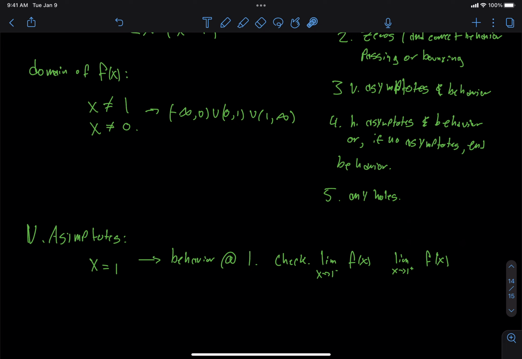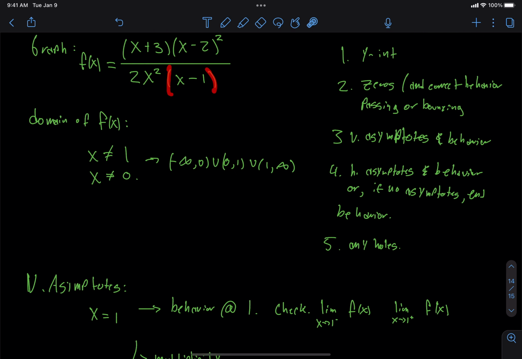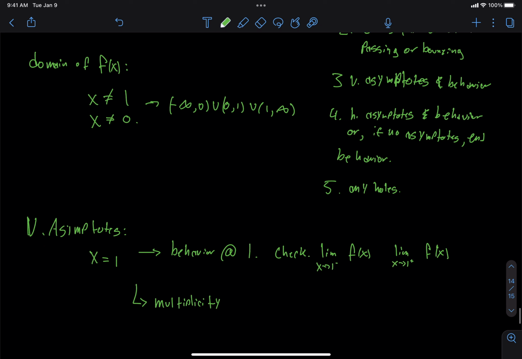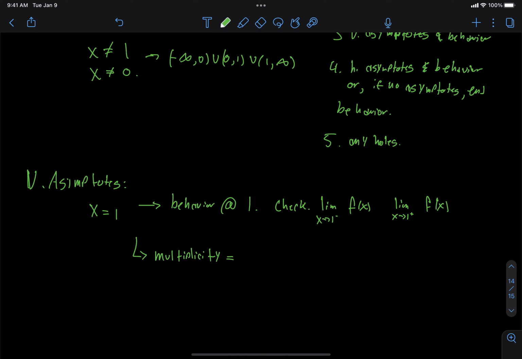So try that. That's one option. The other option is to use the theory. The theory says, look, the multiplicity of this 0 in the denominator is 1, power 1 here, as opposed to x equals 0, which is going to have multiplicity 2. So the multiplicity is 1. That tells me I have opposite behavior on each side.